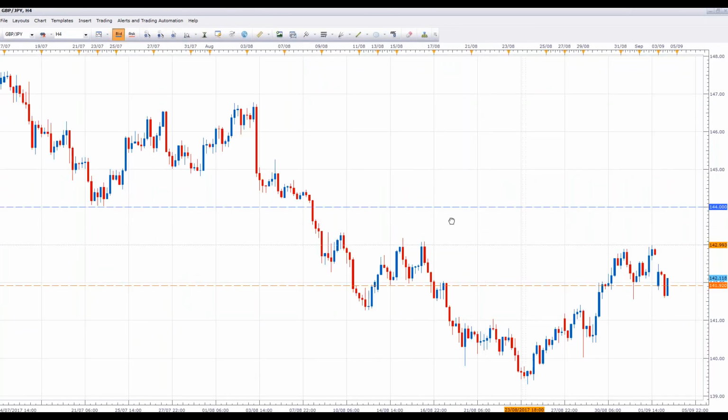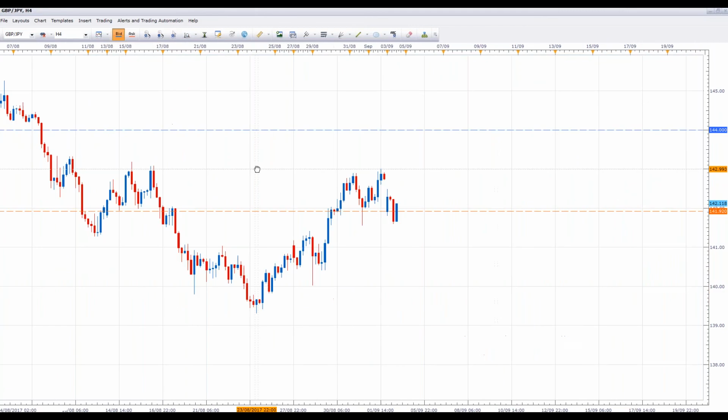So the pound yen, we are looking for a continuation to the upside. You're very welcome, Ravi. We're looking for continuation to the upside in the pound yen, and we're viewing this simply as this kind of pattern, which is a corrective move. So we're sitting currently at a key level of support at the 141.92.